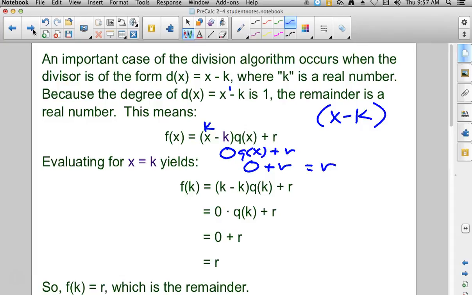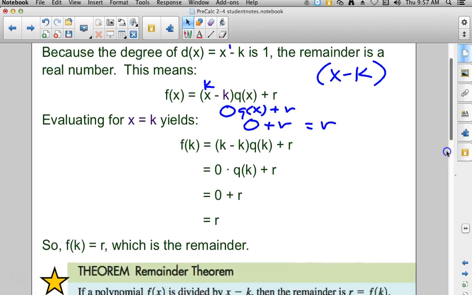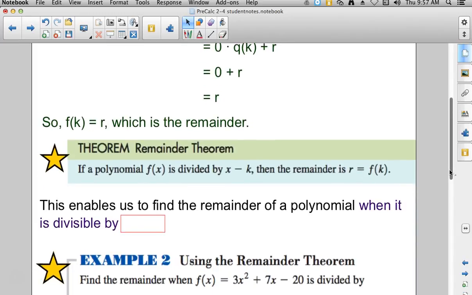So evaluating when you know that it's that 0, if you put k minus k in here, that's the whole reason we found the 0, was so that that set of parentheses would be a 0. That's just going to give you the remainder. That's called the remainder theorem. So our understanding that, hey, if we put one of those factors in there, what we have left is just the remainder. That's all it is. So f of k equals r gives us that remainder piece.